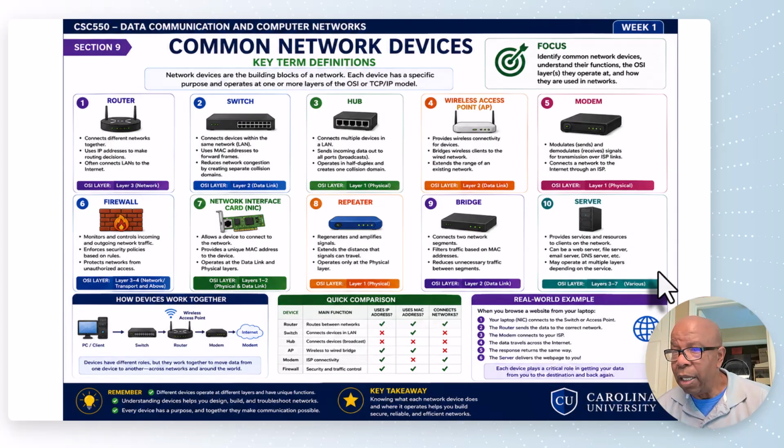So this is what we're talking about: the router, the switch, the hub, wireless access, the modem, the firewall, which prevents someone unauthorized from getting to information through your network. Again, we'll be delving into that. Then the network interface card, a NIC card, a repeater, a bridge, and a server. Again, these are 10 different items.